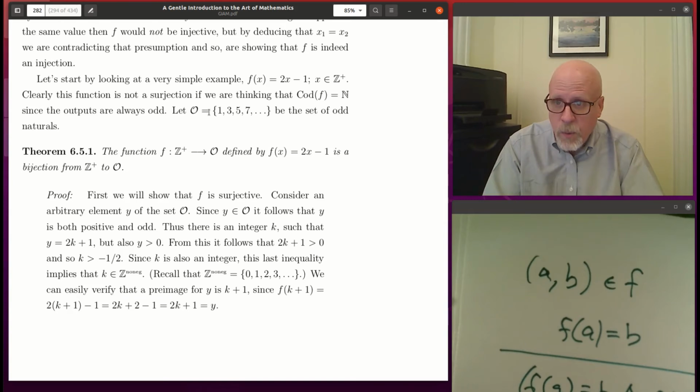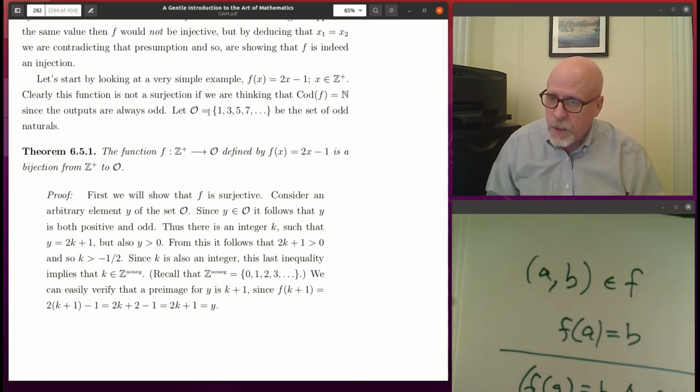So we've just shown that the positive integers and the odd numbers have the same size as sets, which is really surprising if you think about it, because O is missing all of the even numbers, and Z plus has them. Right? So Z plus would appear to be like twice as big as O. It's not, because of the existence of this bijection, which we've just proved is a bijection.